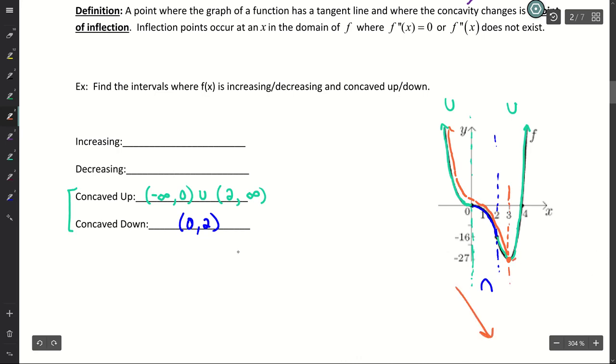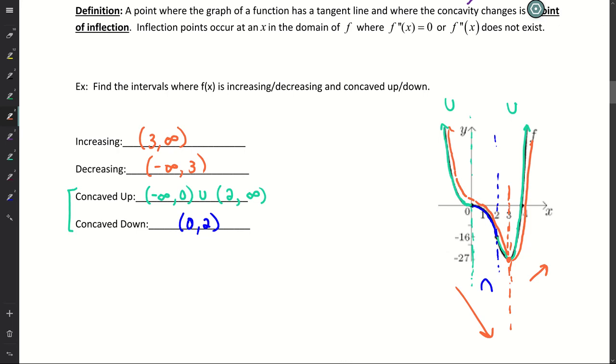And then when I come over on this side, my graph is now going up. The only value there of interest is that 3. So this is increasing from 3 to infinity, and it's decreasing from negative infinity all the way up to 3.